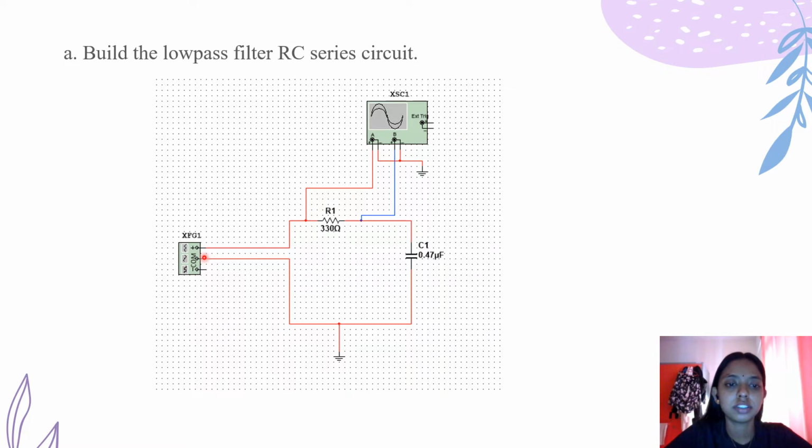So the function generator positive will be connected to the resistor and the negative will be connected to the capacitor, and this is the oscilloscope, which is channel A. Channel A positive will be connected to the positive of the resistor and the second one will be connected to ground, and channel B positive will be connected to the negative of the resistor, and then the other one will be connected to ground.